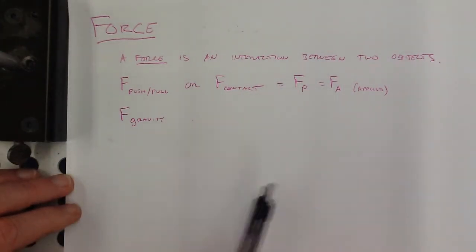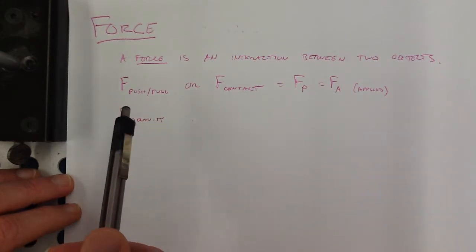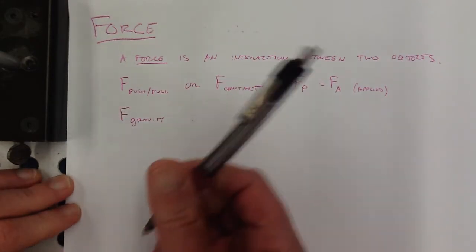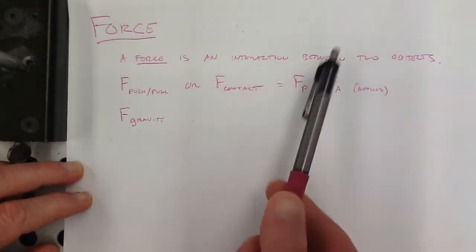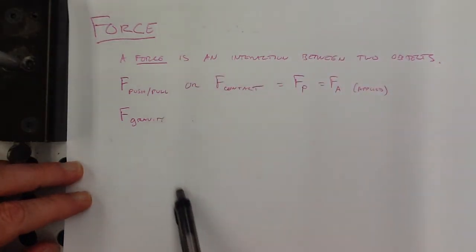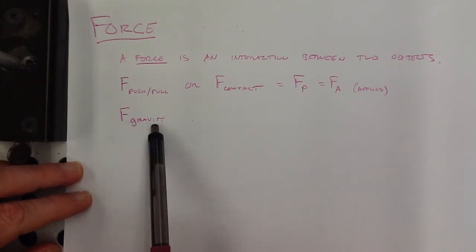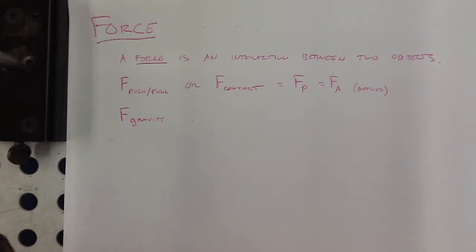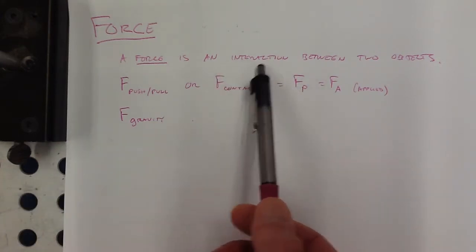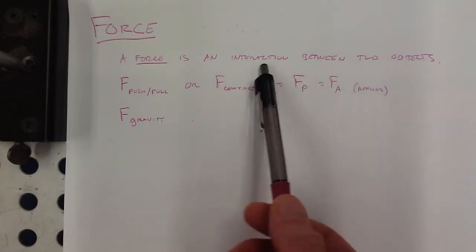Something doesn't need to be touching the Earth to experience the force of gravity because of its proximity to the Earth. For example, the Moon is orbiting around the Earth because of its gravitational interaction with the Earth. Those would be that interaction between those two objects.